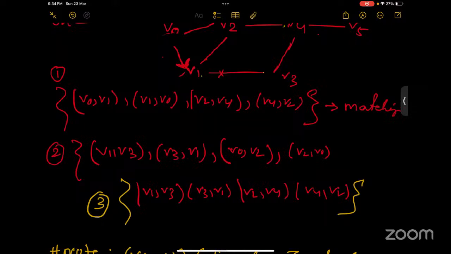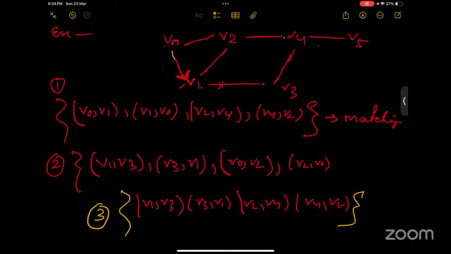If there is a directed graph with V0 to V1, then if we take V1, V3, can we take V1, V0? We can't take V1, V0. V1, V0 is not there in the set. We cannot take V1, V0, but we can take V0, V1.